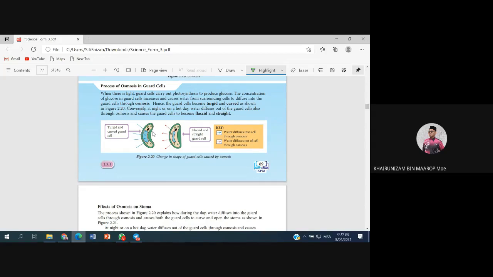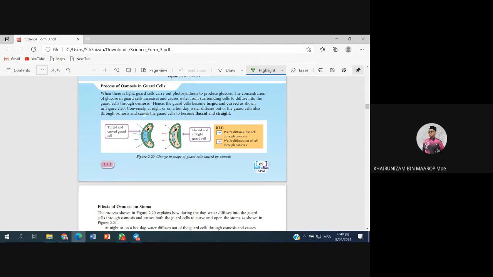So you look at this one. When the cell produce glucose, so the water will diffuse into the gut cell. So the gut cell become turgid and curve, and that means the stoma will be open.